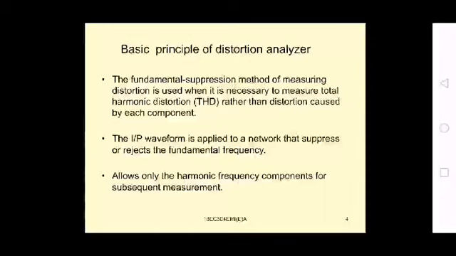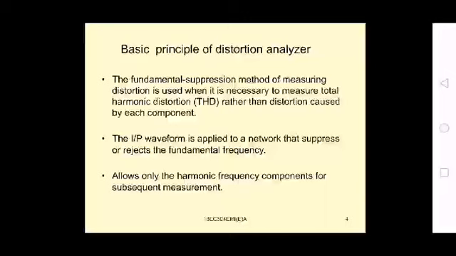The fundamental suppression method of measuring distortion is used when it is necessary to measure the total harmonic distortion rather than the distortion caused by each component. So we are not measuring the distortion caused by each component, like D2, D3, D4.